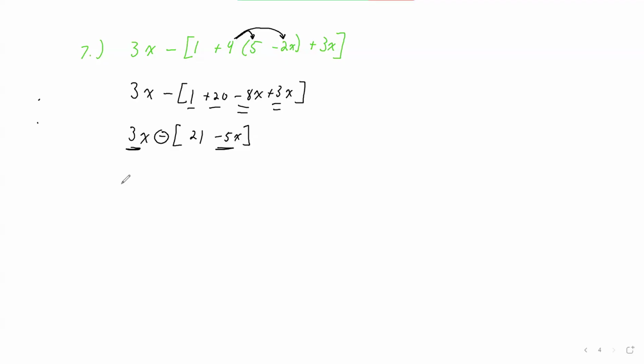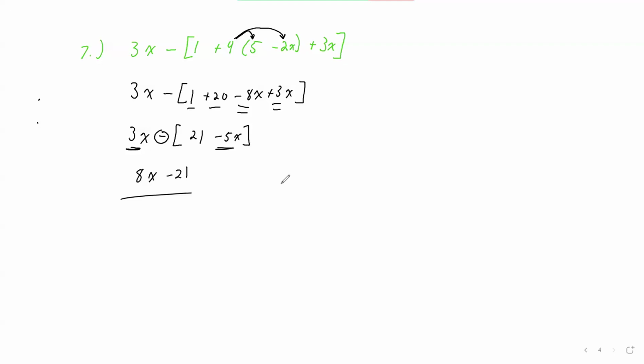It's 8x, because a minus a negative would make it a plus. So it ends up being 3 plus 8, being 8x. And then I have no constant, minus 21. Negative 21. There it is.